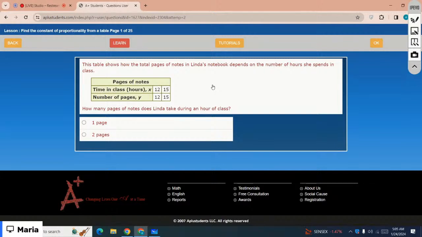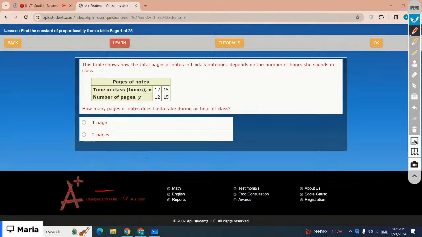The time she spent in class is 12 hours and the number of pages is 12, right? Then the other value is the time in class 15 hours and the number of pages is 15. How many pages of notes does Linda take during an hour of the class? 12 hours she spent, she takes 12 pages. 15 hours she spent, she takes 15 pages.